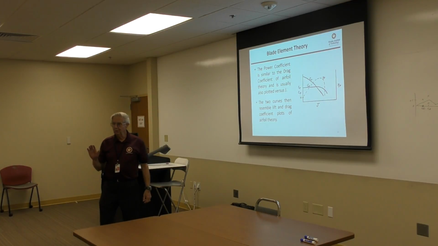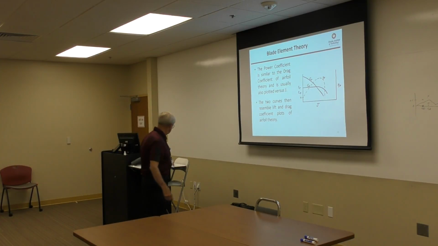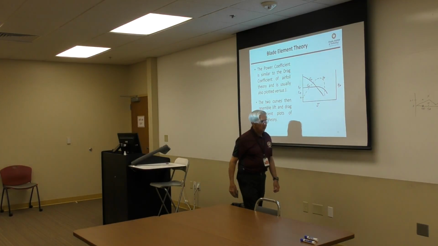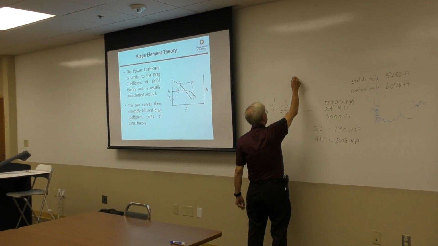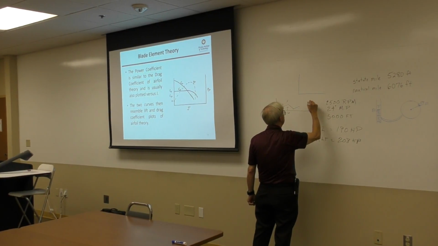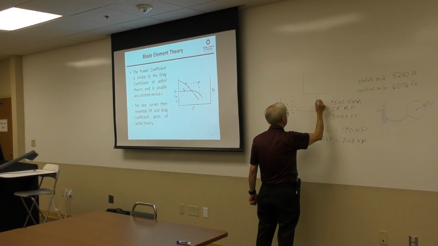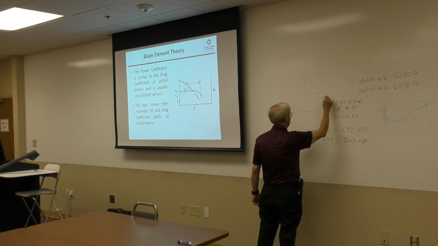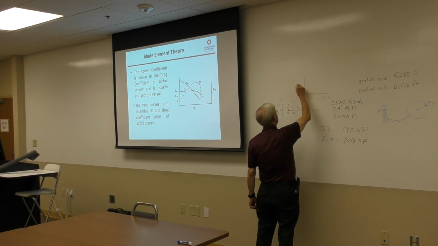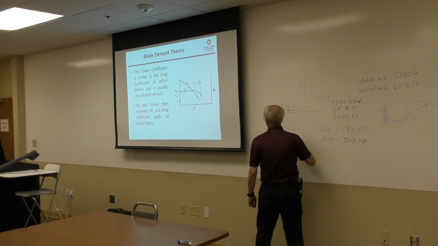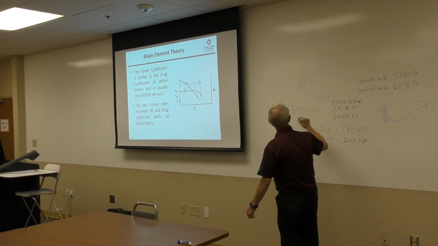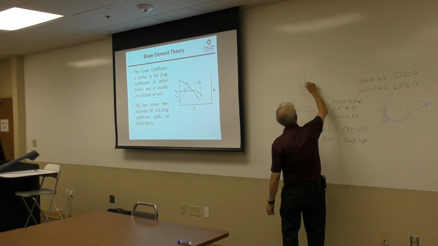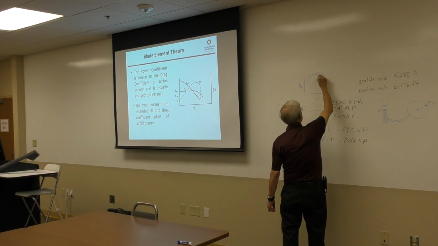Now, what we can do is make a plot of J, or airspeed, we'll say, and propeller efficiency for a propeller where we can change the blade angle. So we have a curve that looks like that, a curve that looks like that, and that, and that.